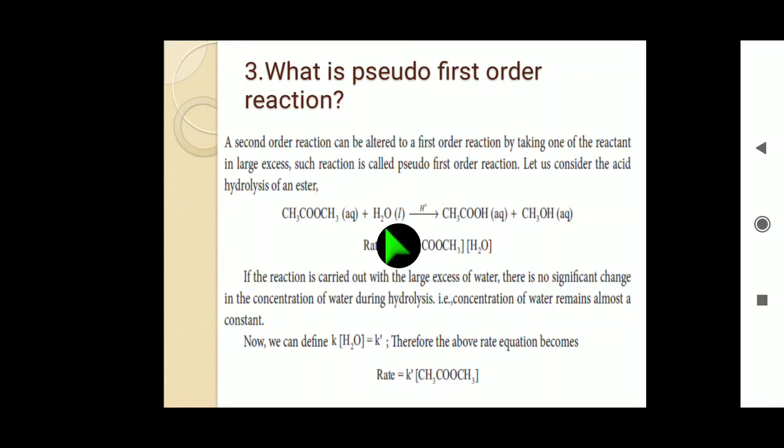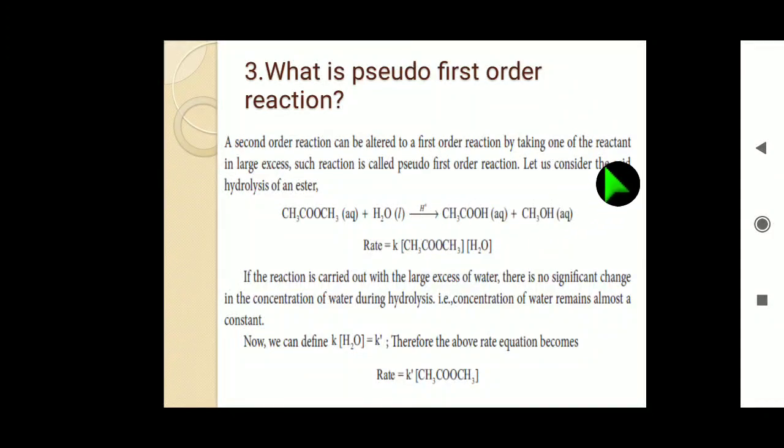Okay. Now on the reactant side we have to take the water. It is in excess compared to the methyl acetate ester. The products, acetic acid and methyl alcohol, belong to the ester and not to water.